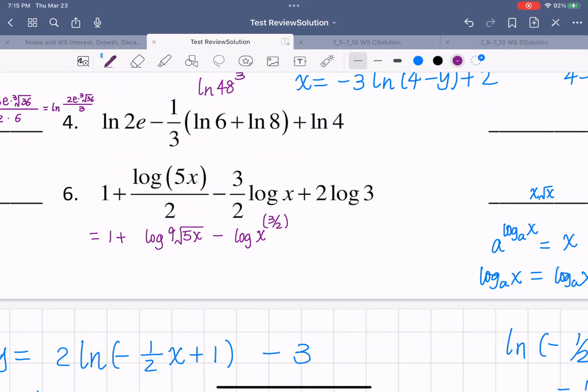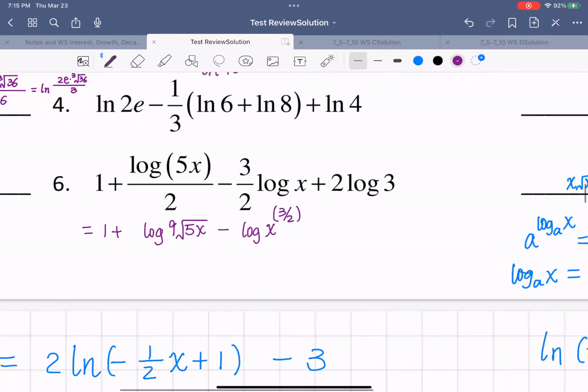Next, you have a minus, and that means you do this divided by this, right? So this becomes 1 plus, there is no number here, by default it is 10. This is log. You have 9 times square root of 5x. Do the division.